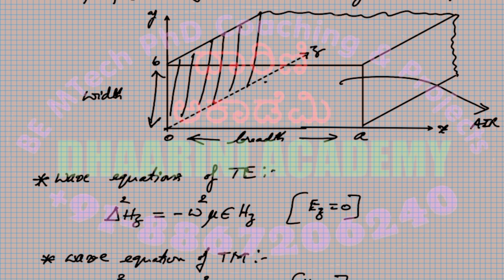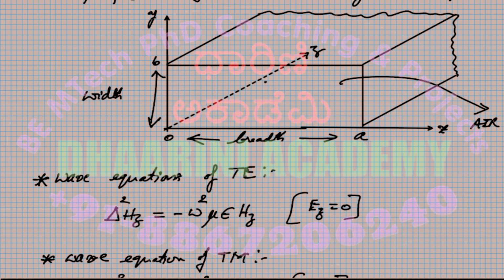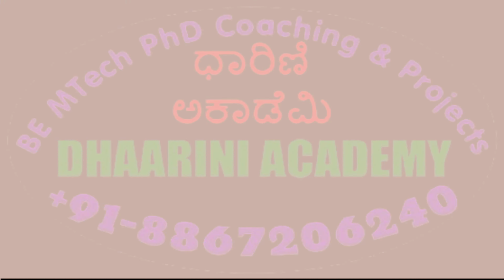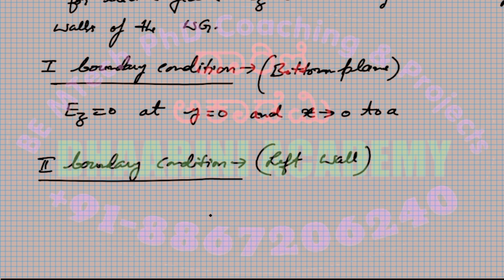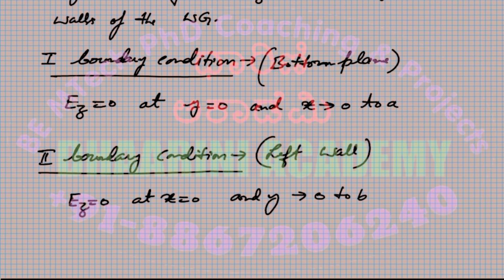For that, anyway, Ez is equal to 0. Perfect. So let's write that down. That's how we identify the boundary condition. So this is Ez becomes equal to 0 at x equal to 0 and y varies from 0 to b. Perfect.